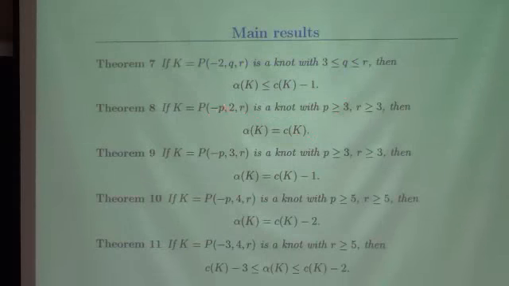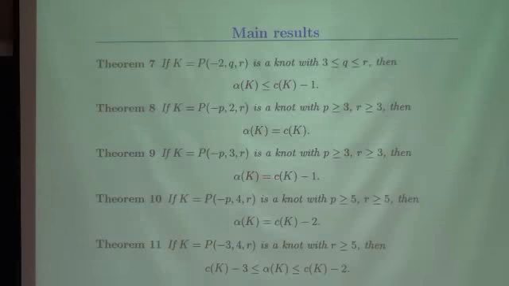And in the case P is bigger than or equal to 3, and Q is equal to 2, and R is bigger than or equal to 3, then the deficiency is 2, only 2. So alpha K is equal to CK. For this case, if P is bigger than or equal to 3 and R is bigger than or equal to 3, the pretzel knot of type minus P, 3, R has deficiency 3.